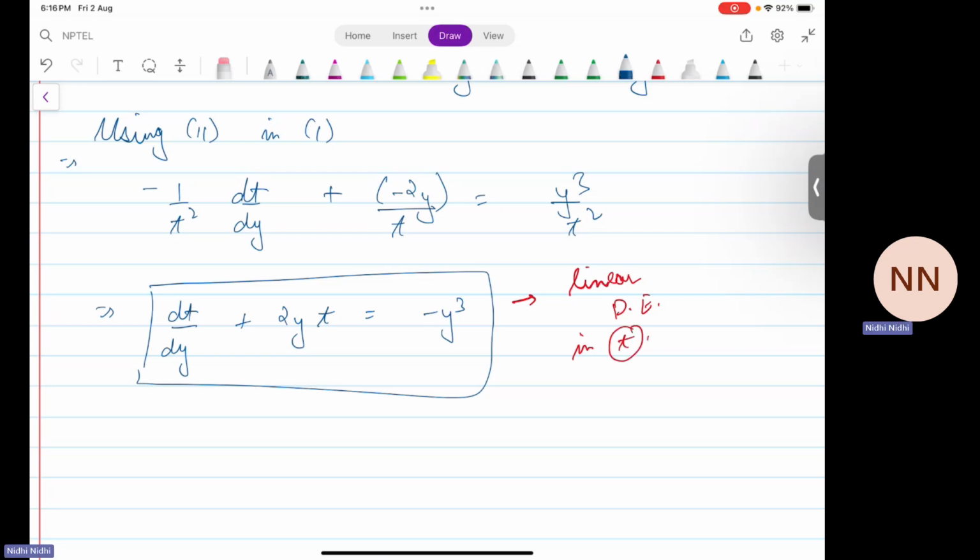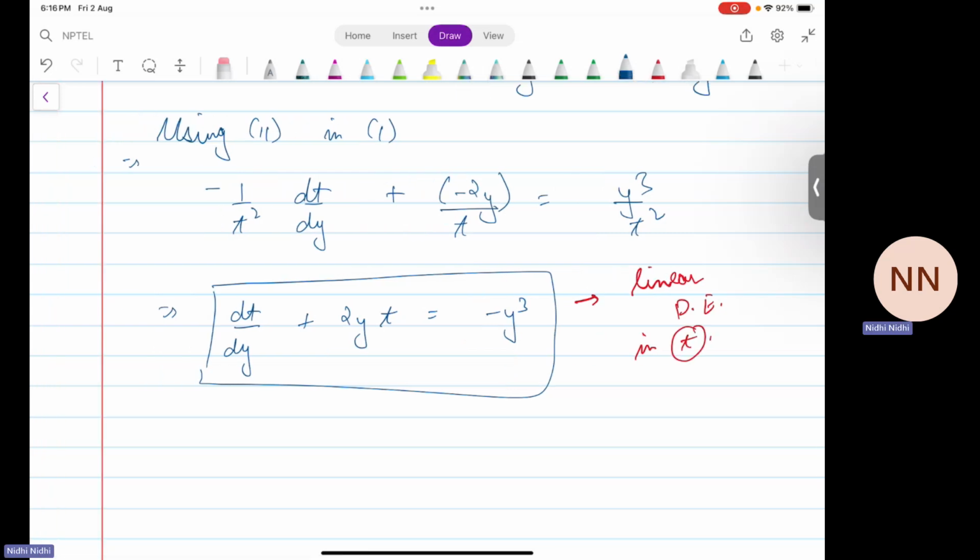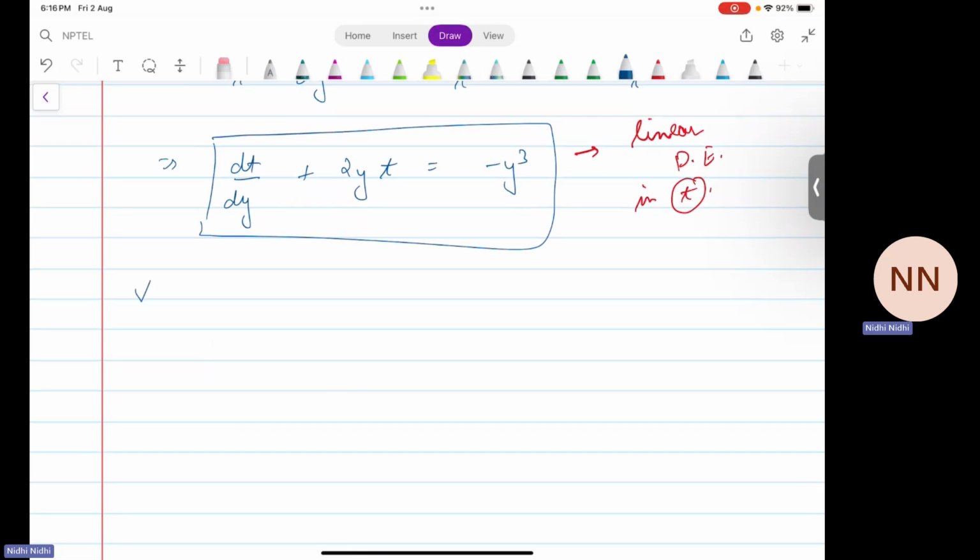So again, we'll use the standard methods to solve the linear differential equation. We'll start with finding the integrating factor.